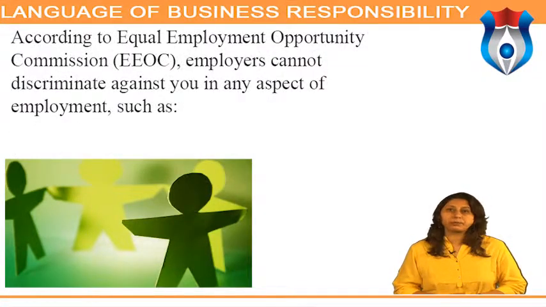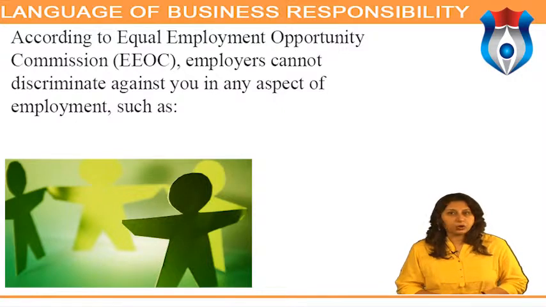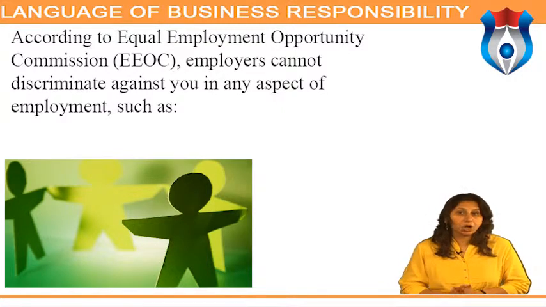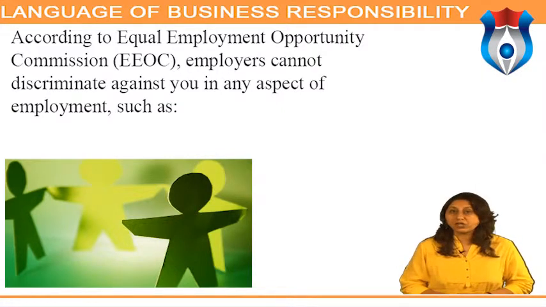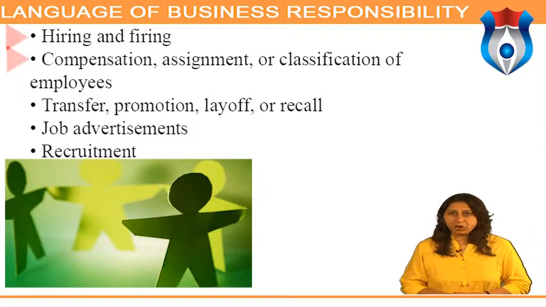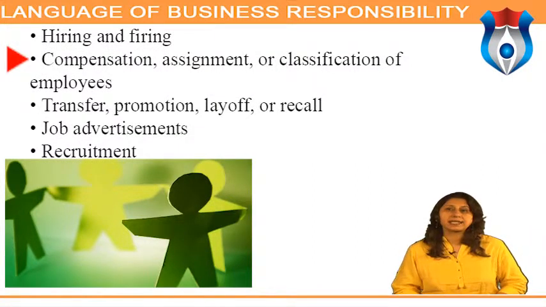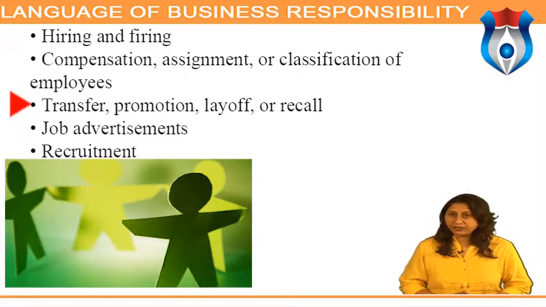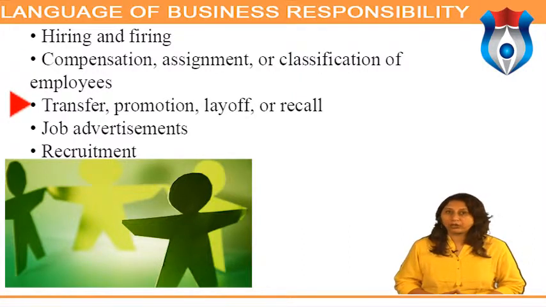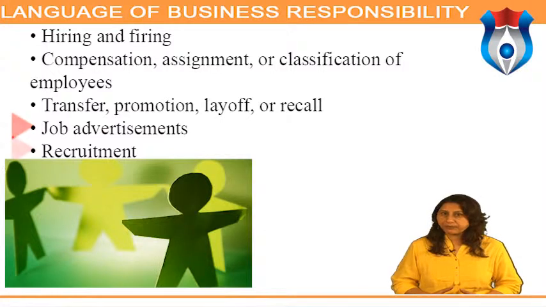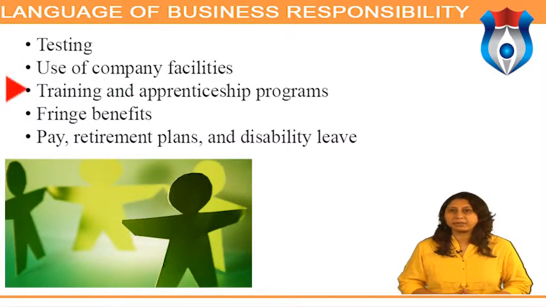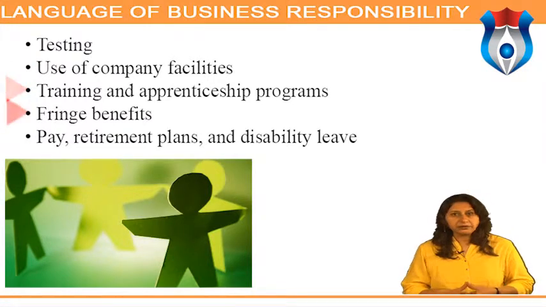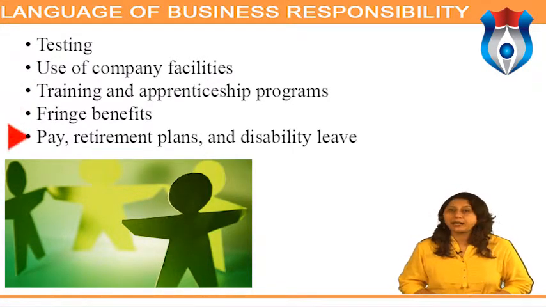According to the Equal Employment Opportunity Commission, EEOC, employers cannot discriminate against you in any aspect of employment, such as hiring and firing, compensation, assignment, or classification of employees, transfer, promotion, layoff or recall, job advertisements, recruitment, testing, use of company facilities, training and apprenticeship programs, fringe benefits, pay, retirement plans, and disability leave.